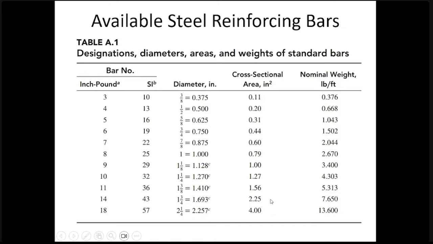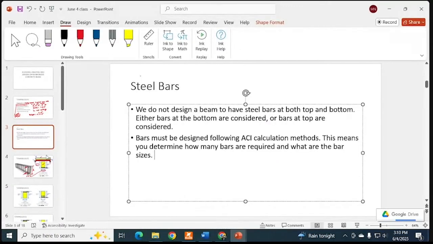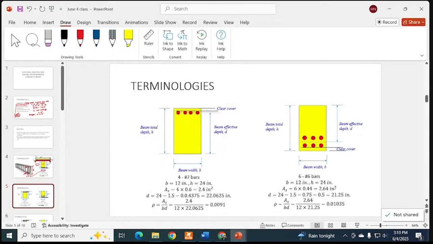All engineers remember these bar cross-sectional areas. So when you design steel bars, you will say two things: how many bars you are designing, and what is the size of those bars. For example, I have a few examples here in my PowerPoint. Look at the beam sizes.